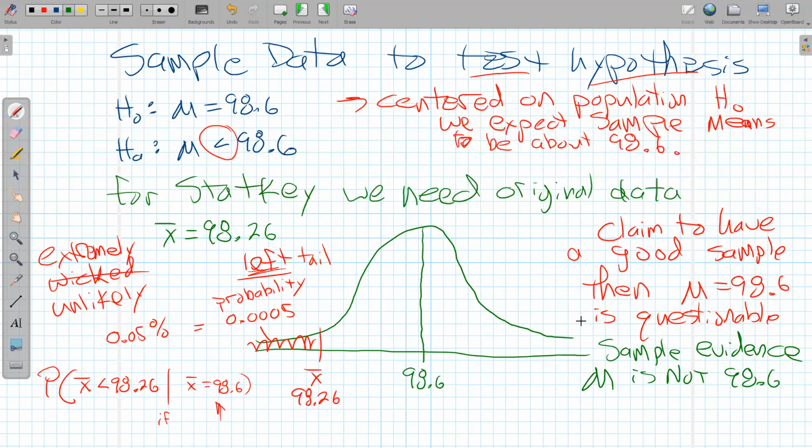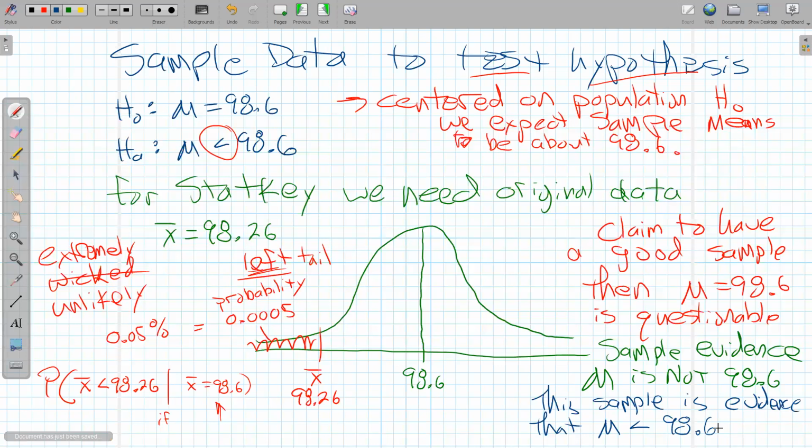So this data supports the alternative. This sample is evidence that mu is actually less than 98.6. Now, it doesn't mean that average human body temperature is 98.26. That's just this particular sample, and samples will vary.